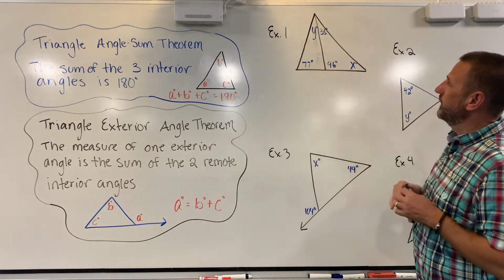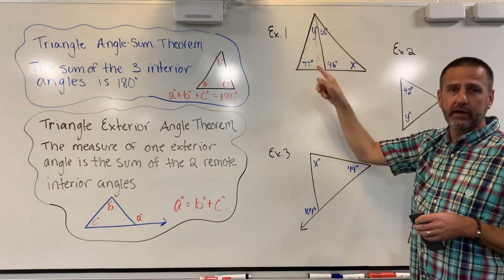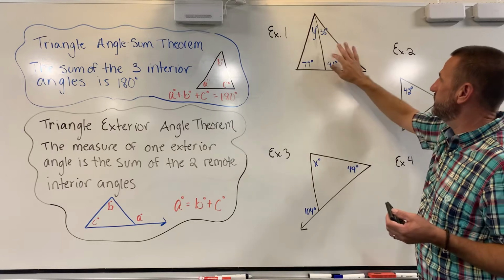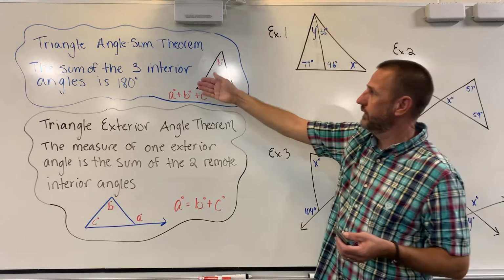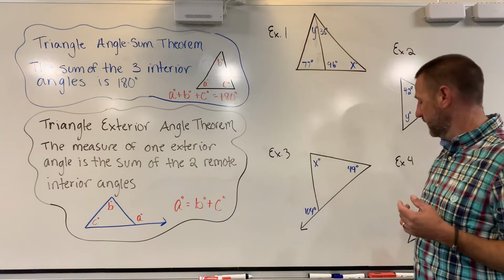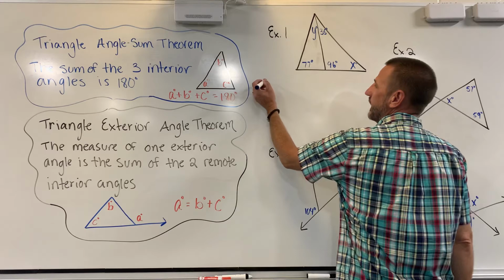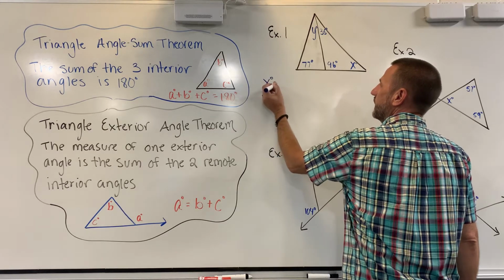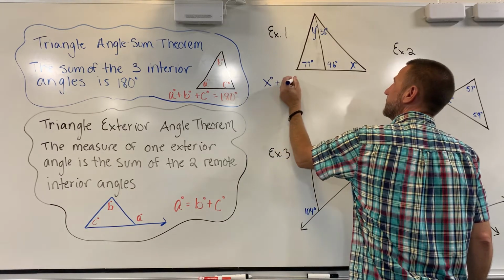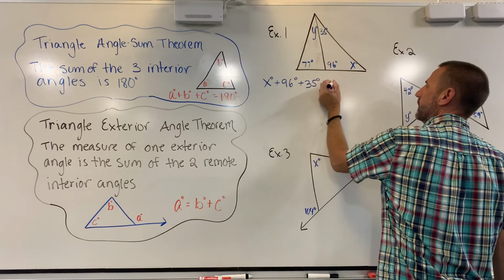When I go over to this side, I have x degrees, 96 degrees, and 35. What do I know about these 3 angles? According to the triangle angle sum, they should total 180 degrees. So let's start by writing that down. I have x, the unknown, 96, 35, and this has to total 180.